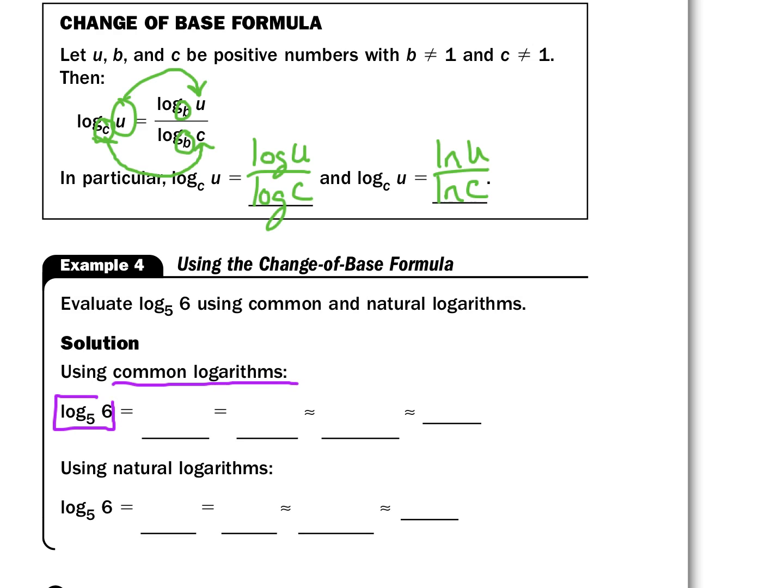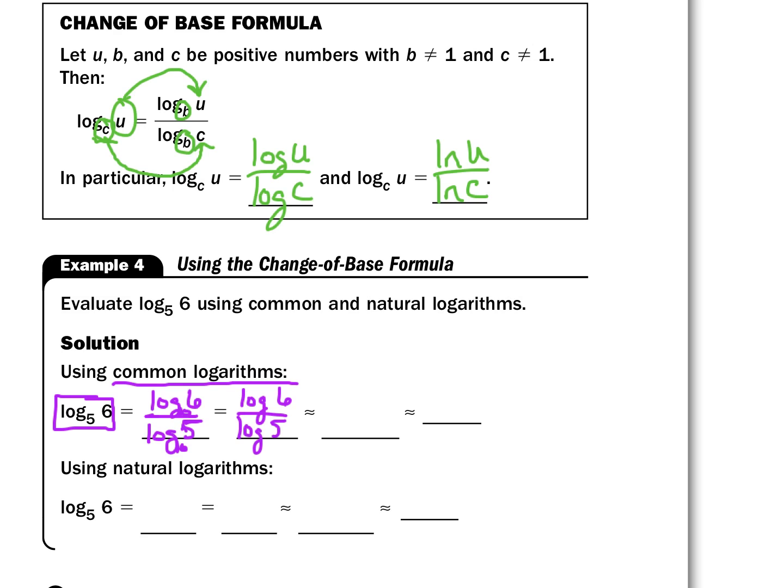So I start off with log base 5 of 6, which we would then just convert to log of 6 over log of 5. And if we really wanted to, we could indicate that this was log base 10, since we are doing change of base. Log base 10 is just the common log, so log of 6 over log of 5, and then I can approximate that on the calculator.